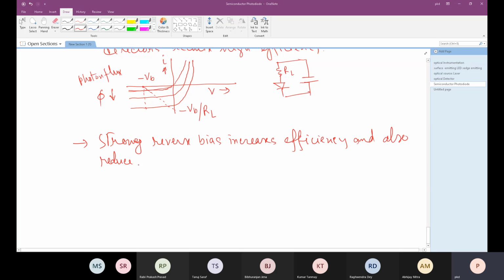Typical reverse bias voltages are minus 10, minus 12, minus 22, minus 25 volts. And for high speed operation, the load resistance RL is low. In that case, of course, the voltage proportional to the photocurrent will also be low.